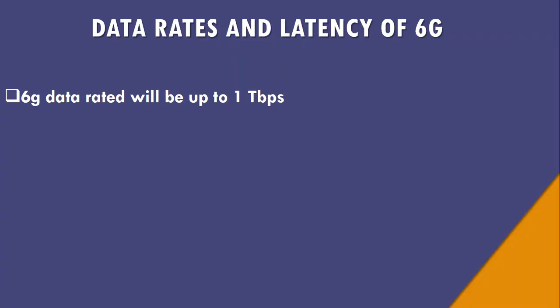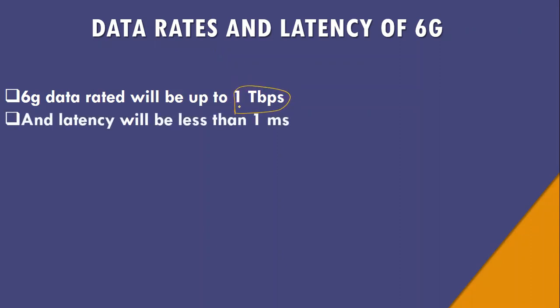Next are the data rates and latency of 6G. The data rates in 6G are up to 1 terabyte per second, and the latency is less than 1 millisecond.